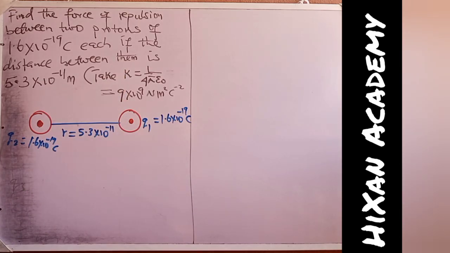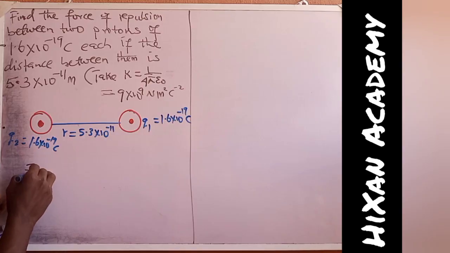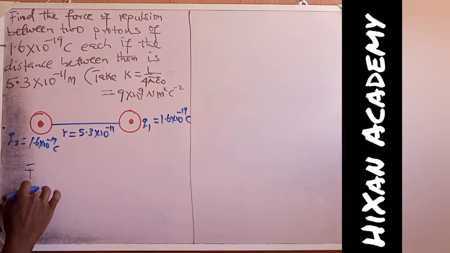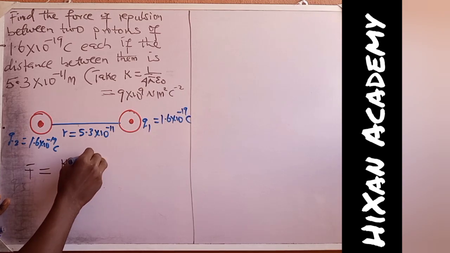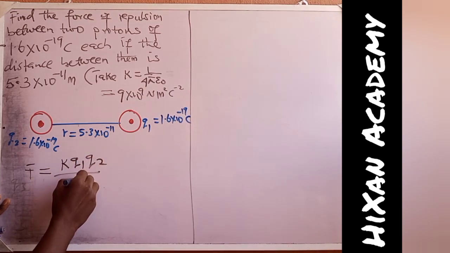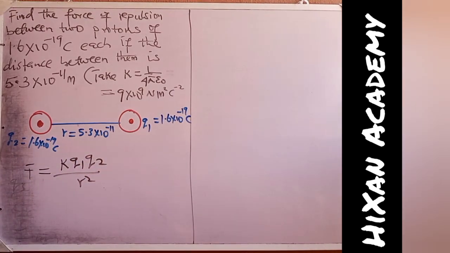So from Coulomb's law, the force of repulsion or attraction between two charges is given as F equals K charge 1 charge 2 upon r squared. So we're going to substitute in this formula to get the force of repulsion between them.